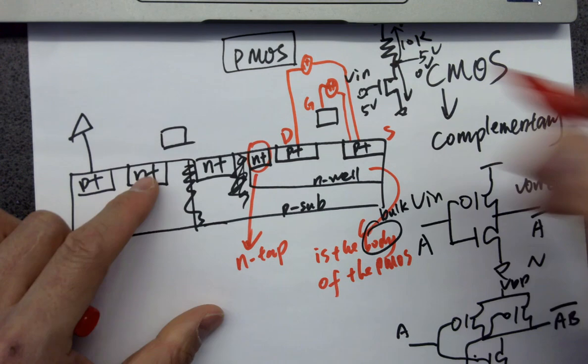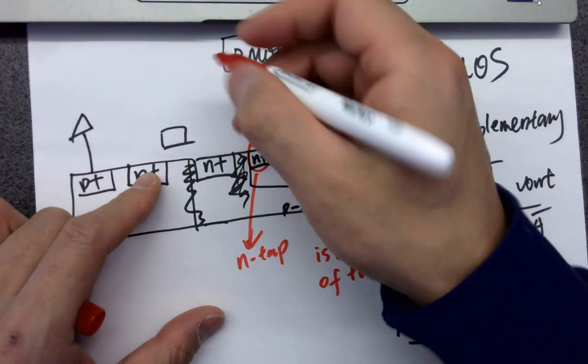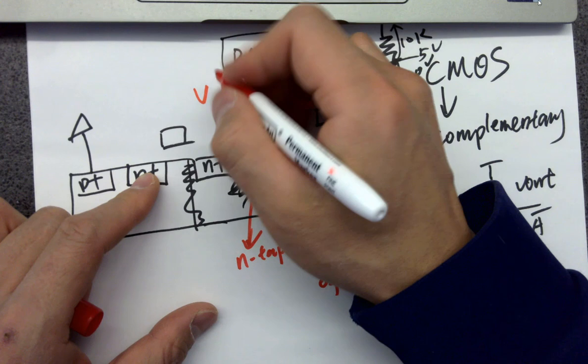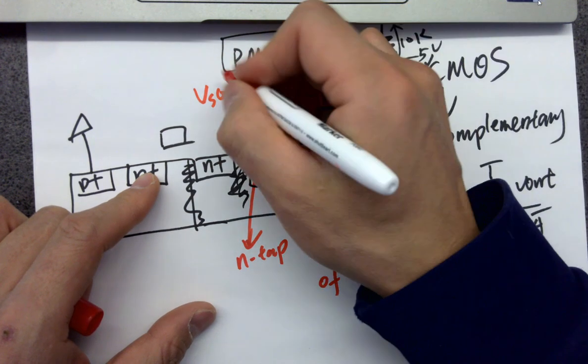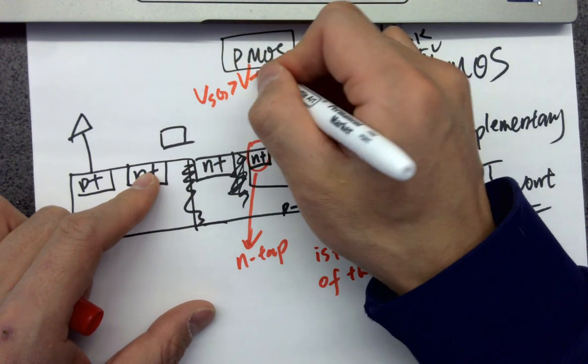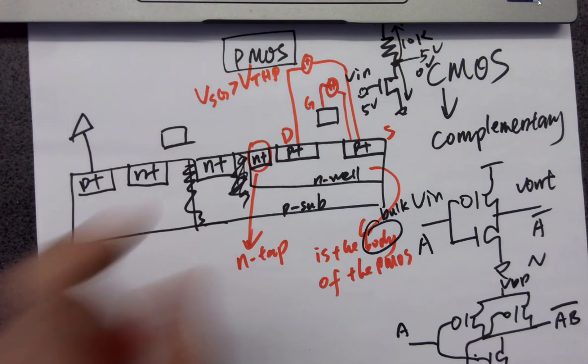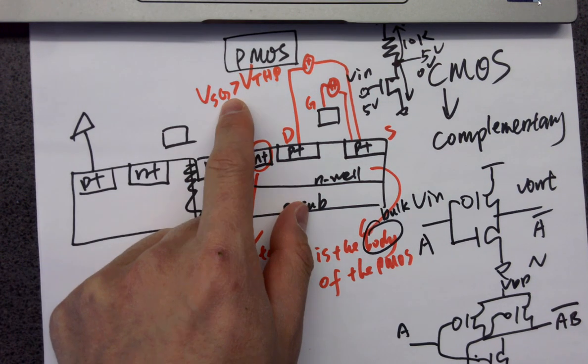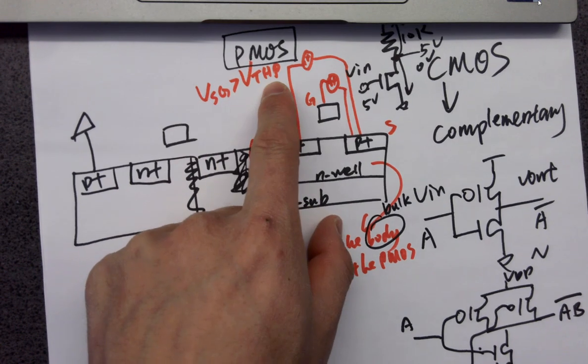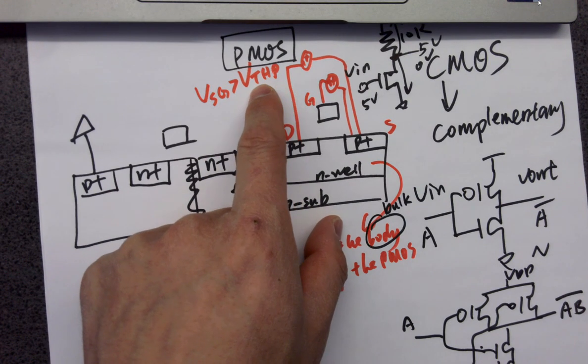So it's not VGS anymore, keep in mind, it's VSG that has to be larger than the threshold voltage VTHP. Some textbooks use negative numbers, I don't like it. Our textbook keeps using positive numbers, but we flip GS to SG. Same stuff, so we can keep using a positive threshold voltage for the PMOS as well.